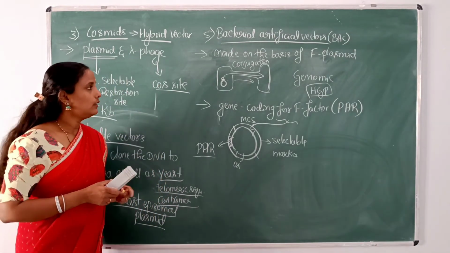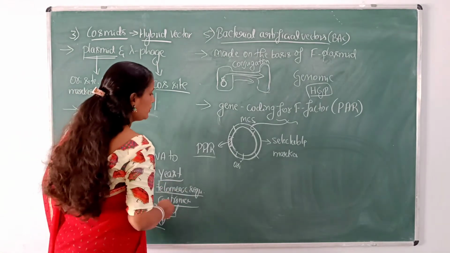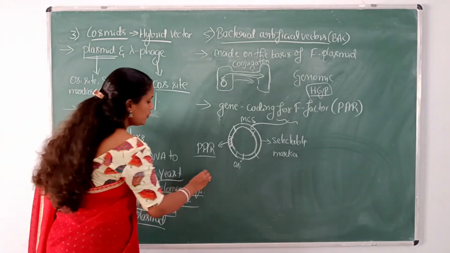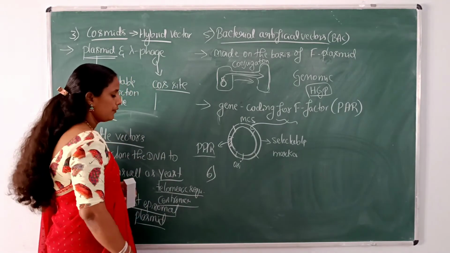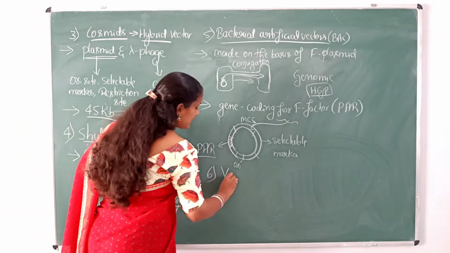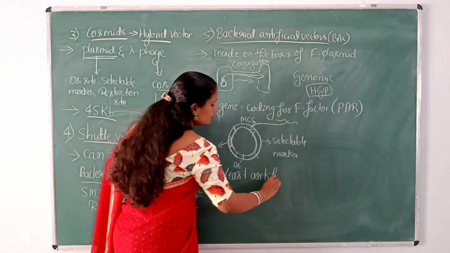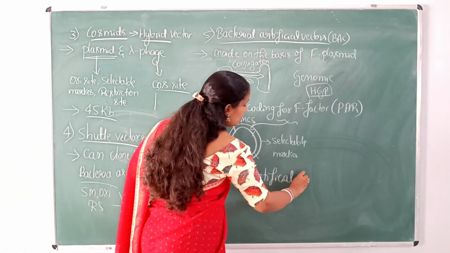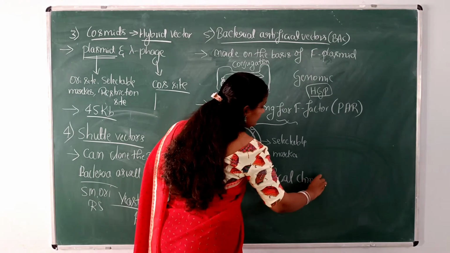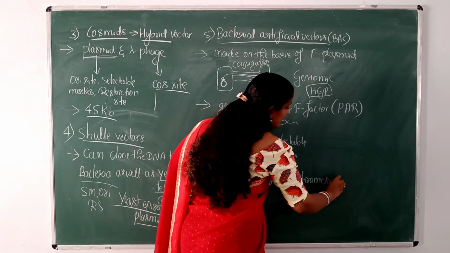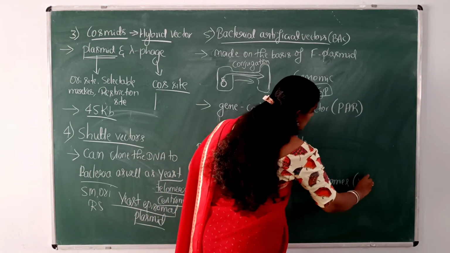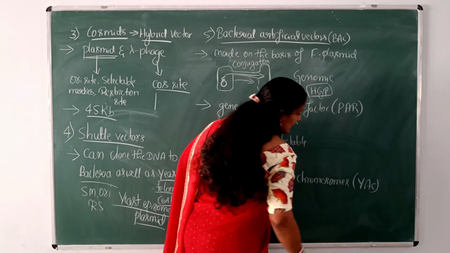Okay. Then the sixth type of vector used is the yeast artificial chromosome, popularly known as YAC.